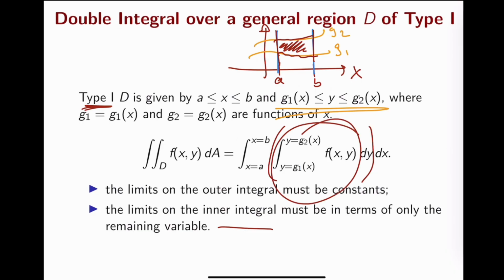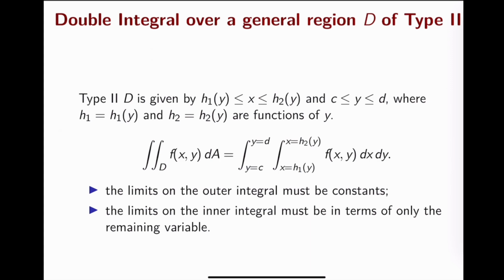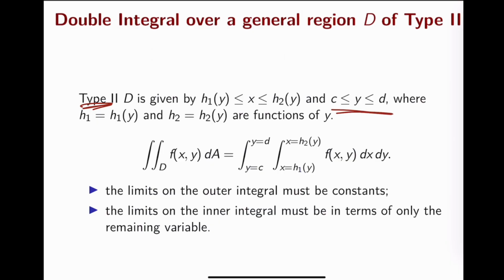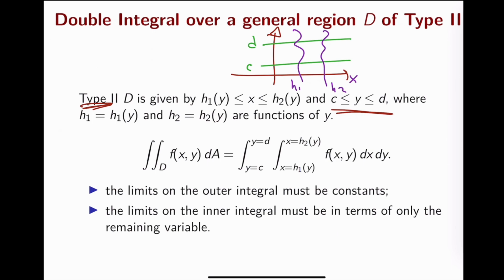other variable. We're going to say that the domain is of type 2 in case it is defined by these limits here. So now it is y that varies between two constants, c and d, and x varies between two functions, h1 and h2.